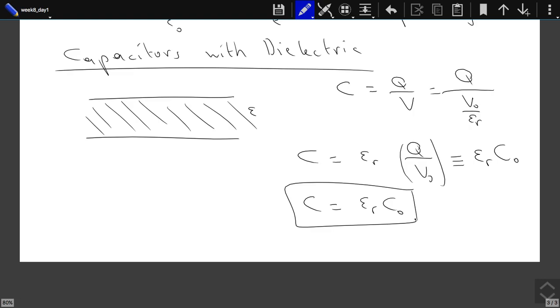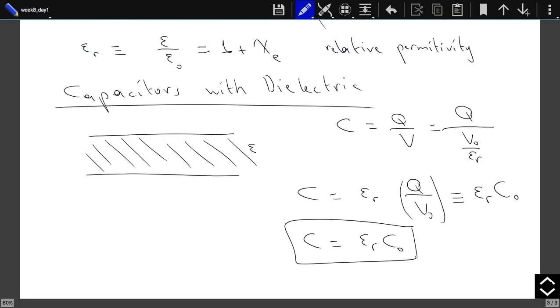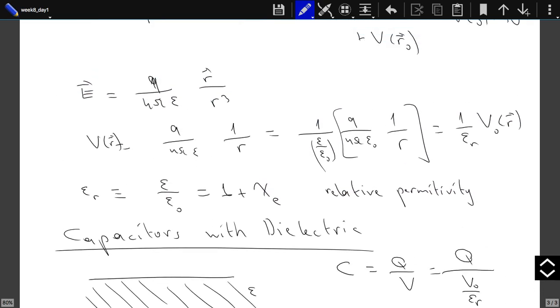What is it that I used in this derivation, but I didn't really justify it? Well, here I said that the potential at a given point is the potential that I would have in the absence of this dielectric divided by epsilon r. And I defined epsilon r to be the relative permittivity.